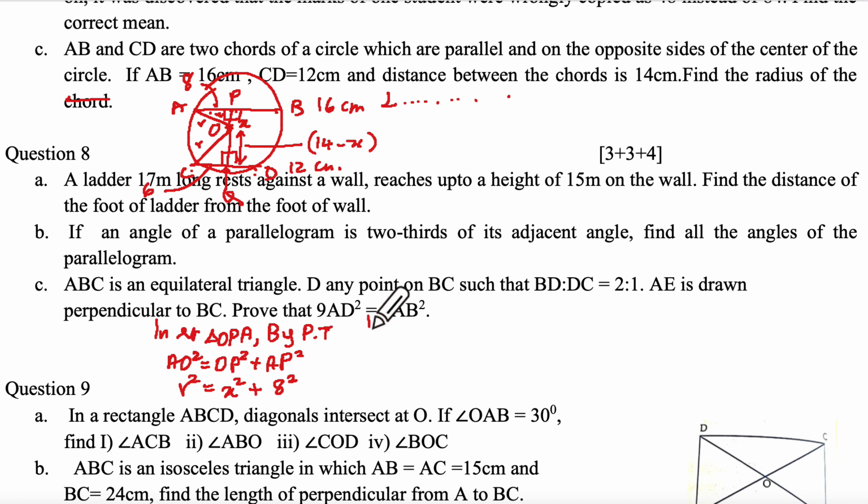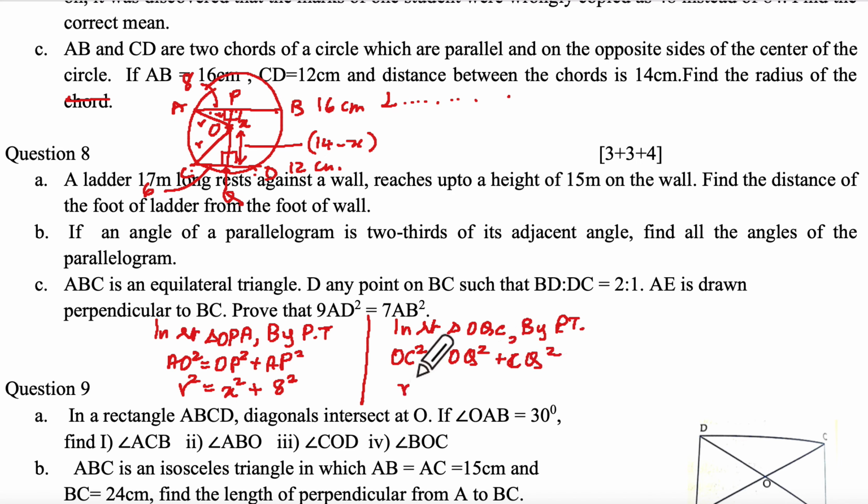I don't have space. I'm moving to the second triangle. What you'll say in a right triangle, which is the second one, OQC by Pythagoras theorem. What will I get here? OC square is equal to OQ square plus CQ square.